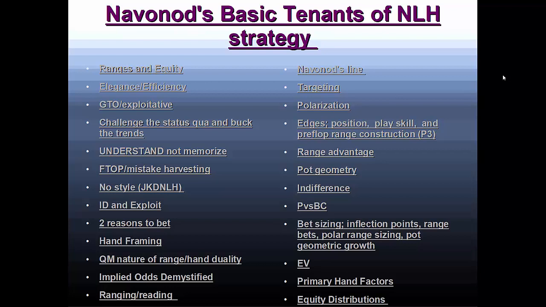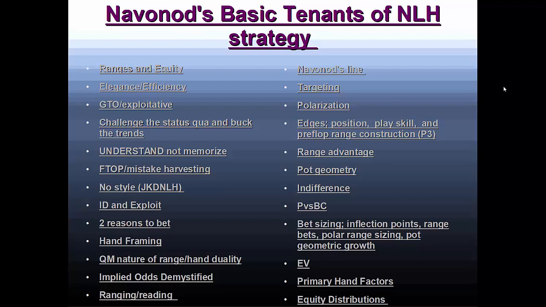You have to learn to think in ranges and equity, know what you're targeting when you're bluffing and when you're value betting, understand when it's right to be something like balanced and when it's better to take an exploitative approach, what the difference is, and how to figure out how to do that.